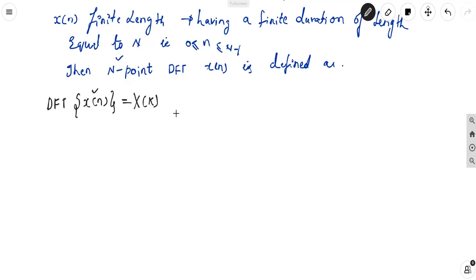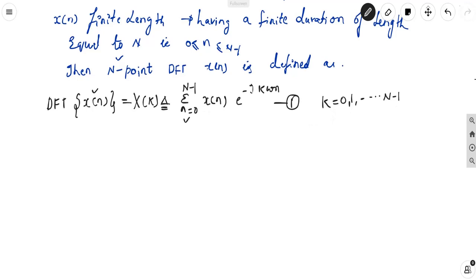By definition, x of k is equal to summation n equals 0 to n minus 1 of x of n e to the power of minus j k omega n. Take this down as equation 1, where k is equal to 0, 1, up to n minus 1.